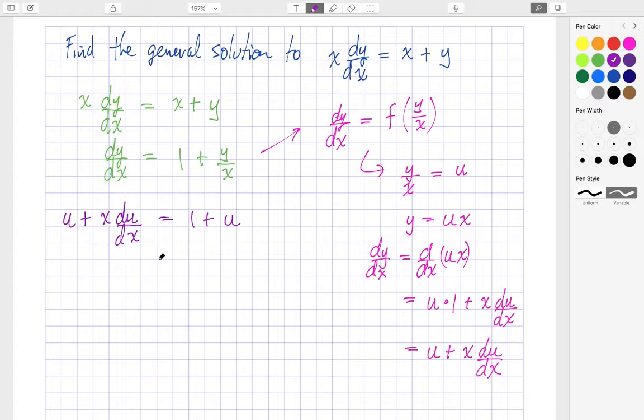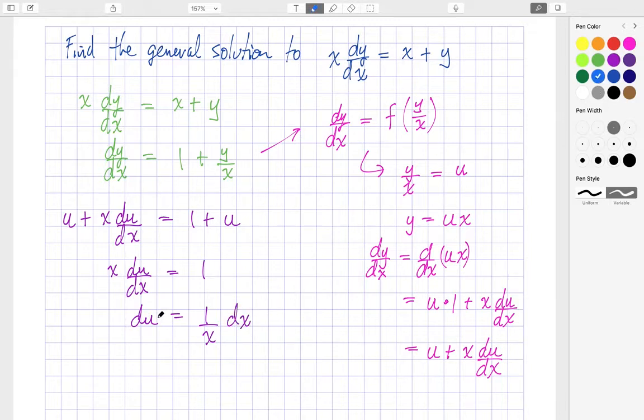Now, I'm going to take this and try and separate the variables. Well, watch what happens here. This u and this u subtract out, so I've really just got x du by dx equals 1, or du is 1 over x dx.